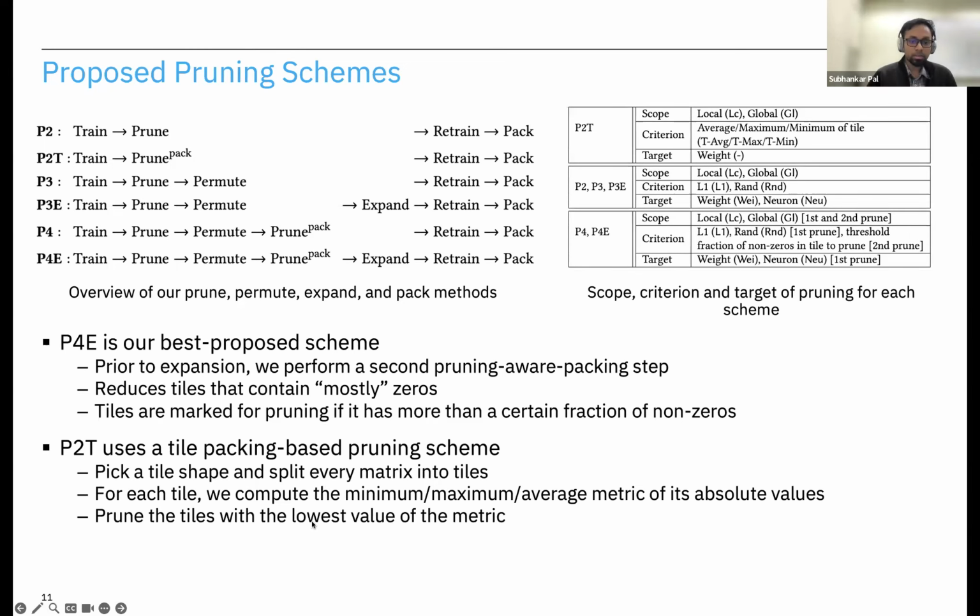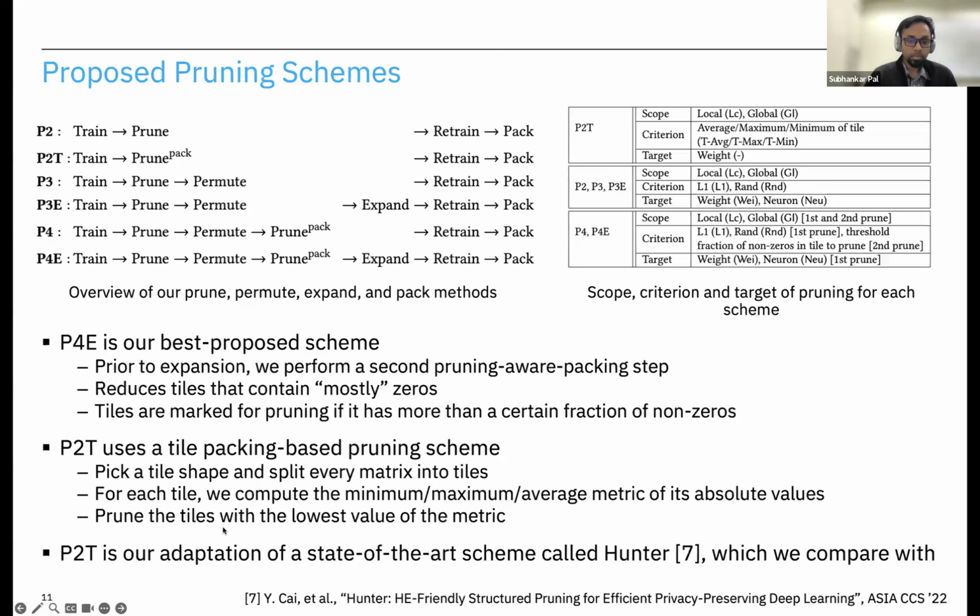And then we prune away the tiles with the lowest value of the metric. So it's taking a very coarse-grained pruning approach in this P2T scheme. And it's really an adaptation of the state-of-the-art scheme at the time of this writing, which is called Hunter. It's linked here. And this is our baseline for comparison.